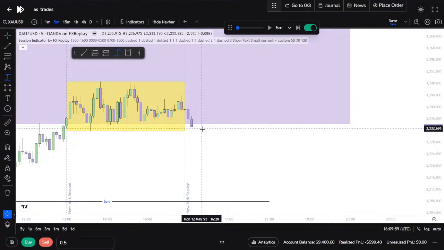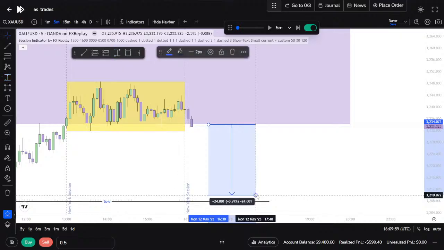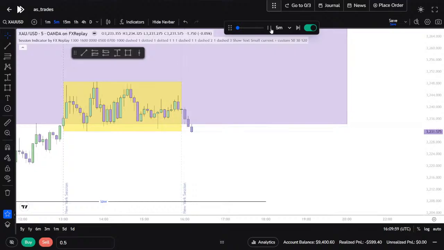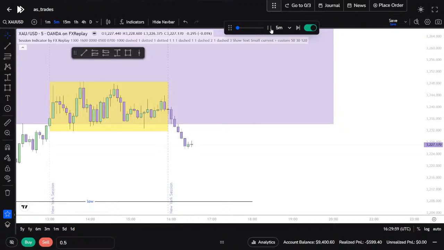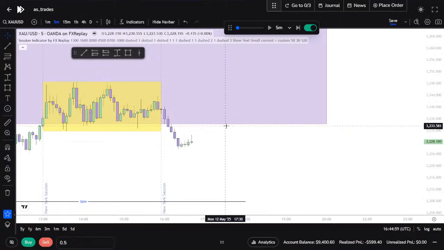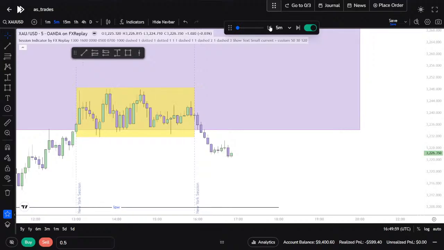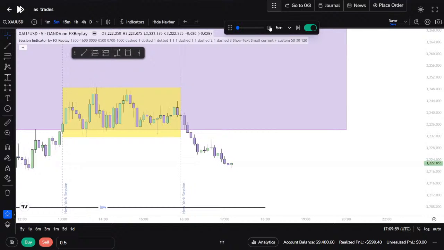Then we're gonna look for a short. Oh okay, I see. Okay. No retracement. I'm not really gonna consider this as a retracement yet. Yeah, that was a retracement. Okay.